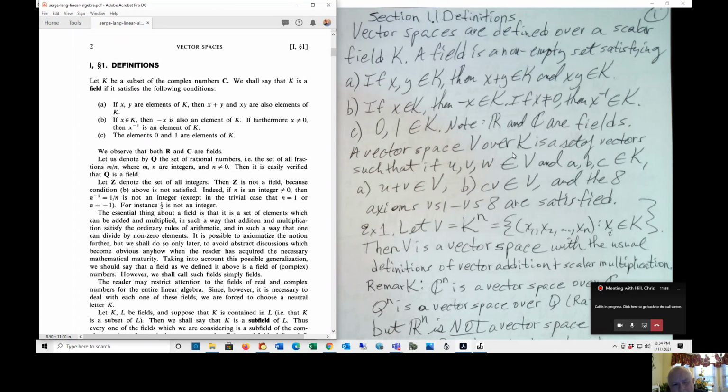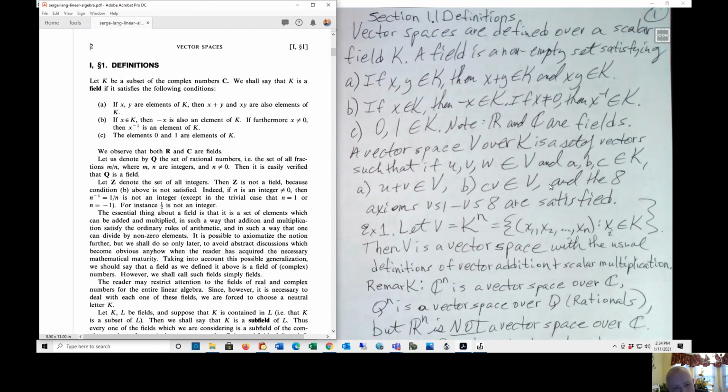A: if x and y are elements of K, then the sum x plus y and the product x times y are also elements of K. Those are known as closure axioms. When we say that a set is closed under the operation of addition or multiplication, that's what we're saying.